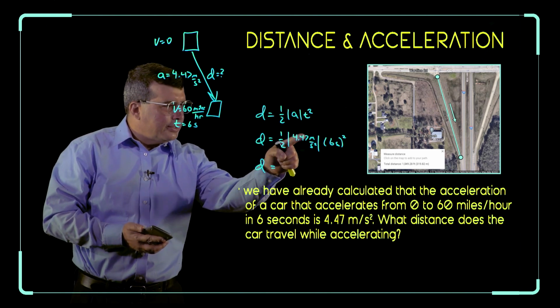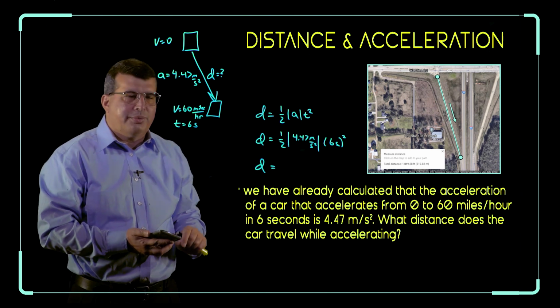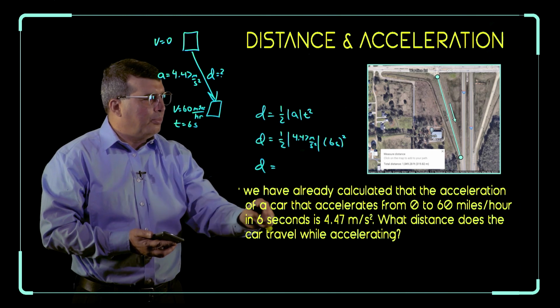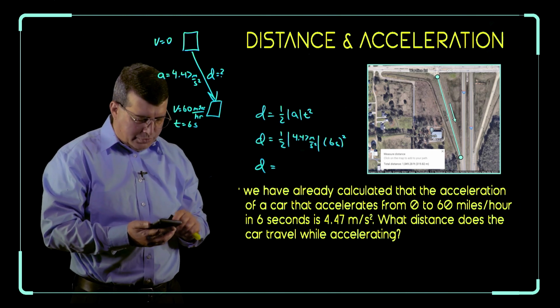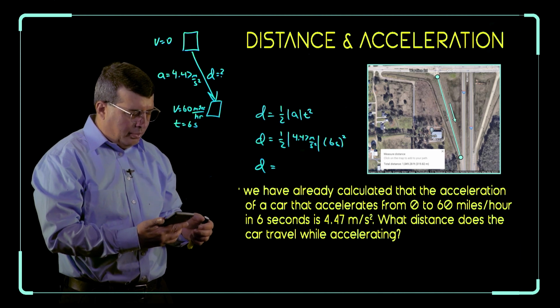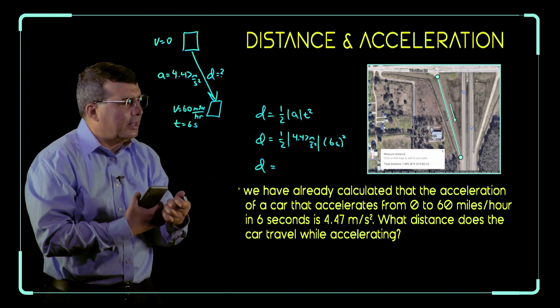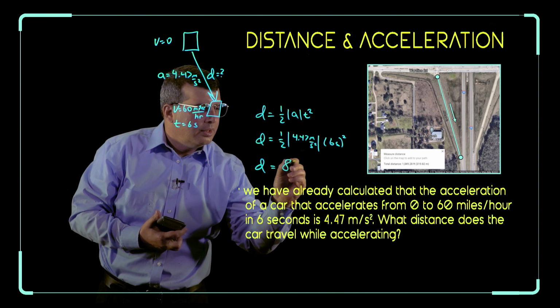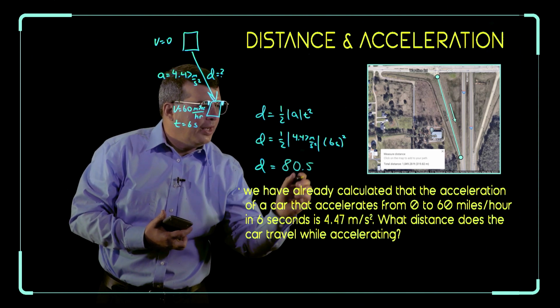In this case, since the 4.47 is positive, we don't do anything to it. So it's 1/2 times 4.47 times 6 squared. That would be 80.46, which I will round up to 80.5.